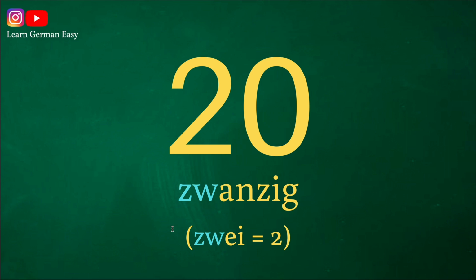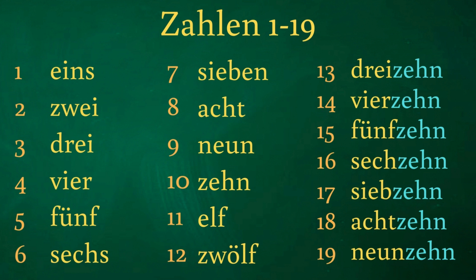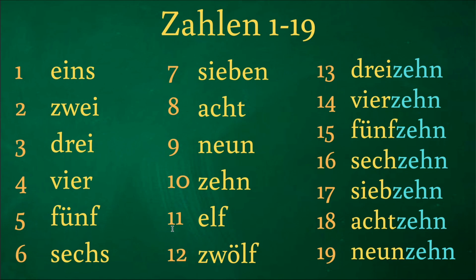Similar to the number 2, which is zwei. 2 and 20. Okay, everyone. Before we get into 21, 22, and so on, let's briefly summarize what we've just learned, the numbers from 1 to 19.